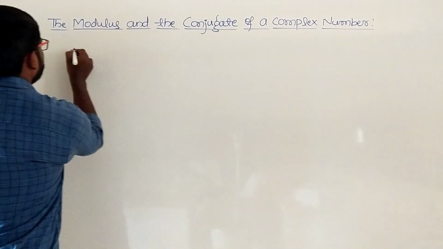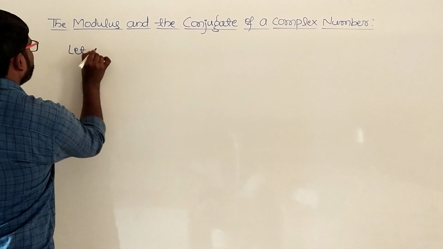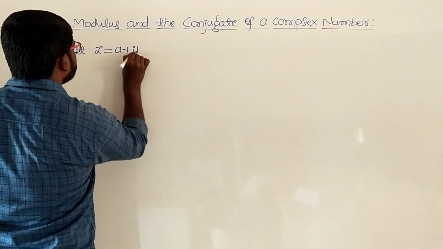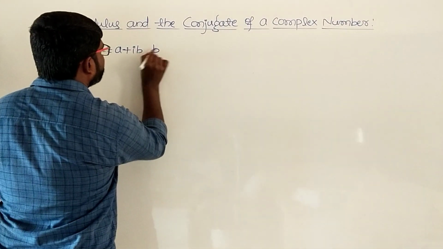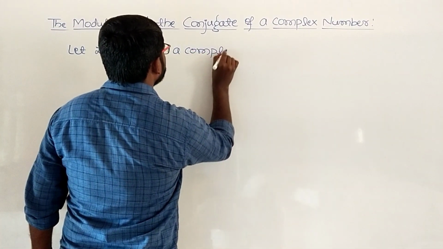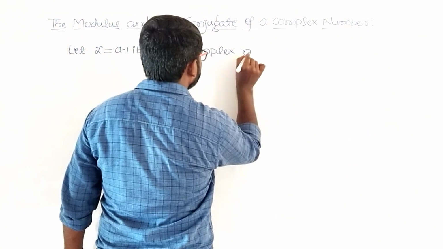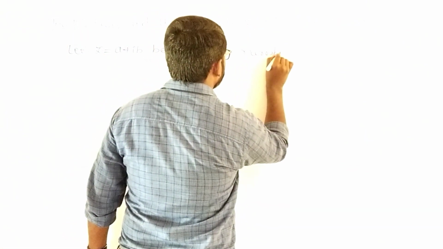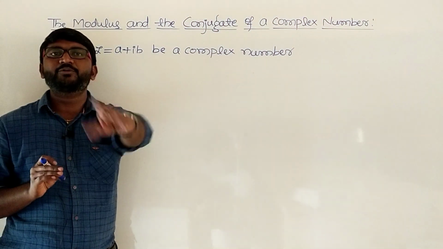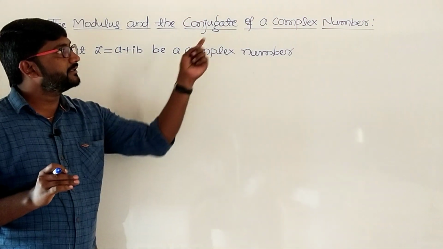So here let z which is equal to a plus ib be a complex number. Now for this complex number we have to write its modulus and the conjugate.